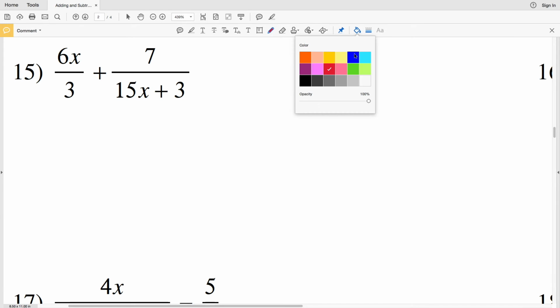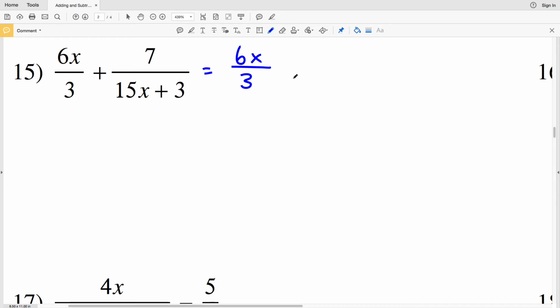And number 15, I'm going to start by simplifying. So I'll have 6x over 3 plus 7 over, pulling out a 3 from that denominator, I'll get 5x plus 1. And the reason I didn't simplify 6x over 3 is because I knew I could pull out a 3 from this denominator. So now all I need to do is multiply that first fraction by 1.